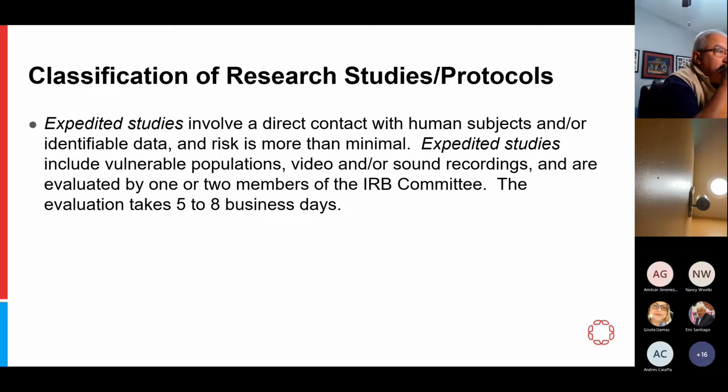These kinds of studies usually include vulnerable populations, video or sound recording, or any kind of exercise with the selected population, and they are evaluated by one or two members of the IRB committee, and usually that evaluation takes anything between 5 and 8 business days.